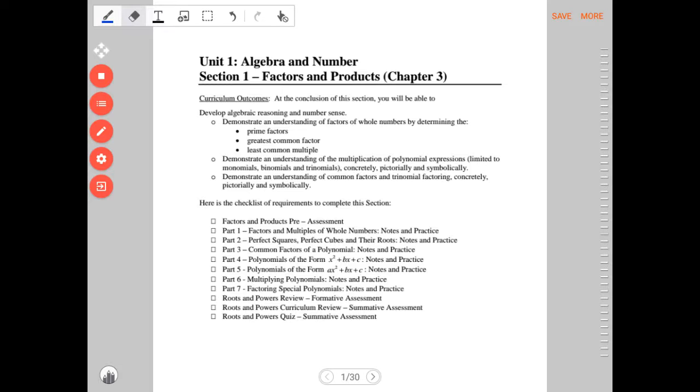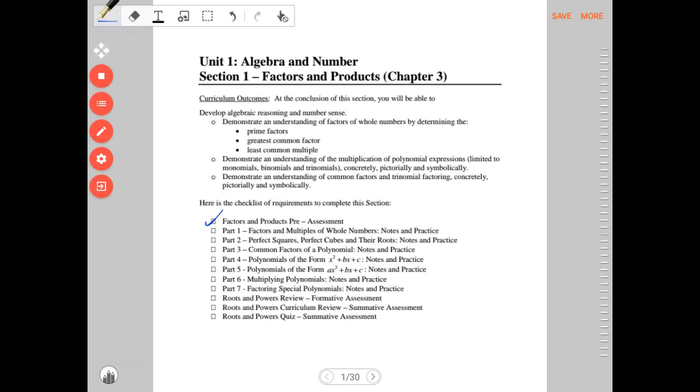So here is a checklist of the requirements for this section. You should have already done the pre-assessment, so go ahead and check that one off. There's 7 parts, so 7 different videos to this chapter. At the end of each of those 7 videos, there'll be a practice set of questions for you to work on. All the answers to those are in the back of your textbook, so please feel free to check your work as you go.